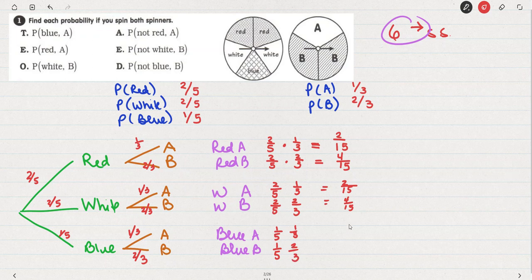So 1/5 times 1/3, 1 times 1 is 1, 5 times 3 is 15, 1 times 2 is 2, 5 times 3 is 15.